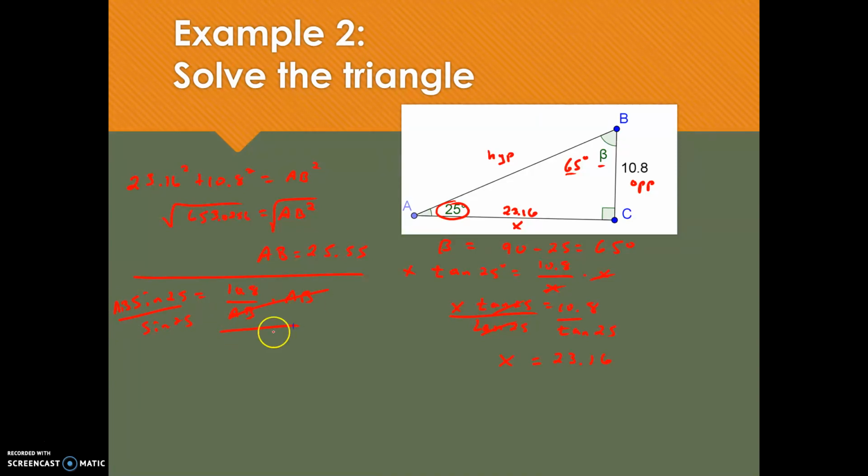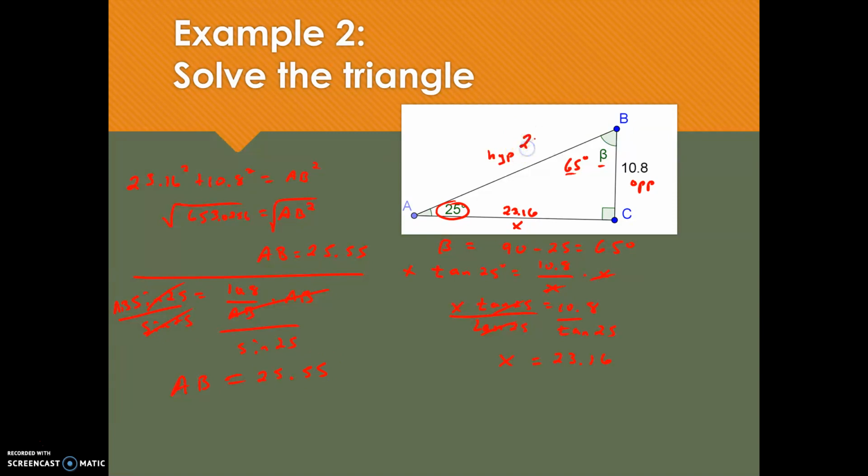Those are canceled, so I'm dividing by the sine of 25. And I would have AB equals, that's what's leaving just the old AB, and then 10.8 divided by sine 25. It's going to give us that same 25.55.